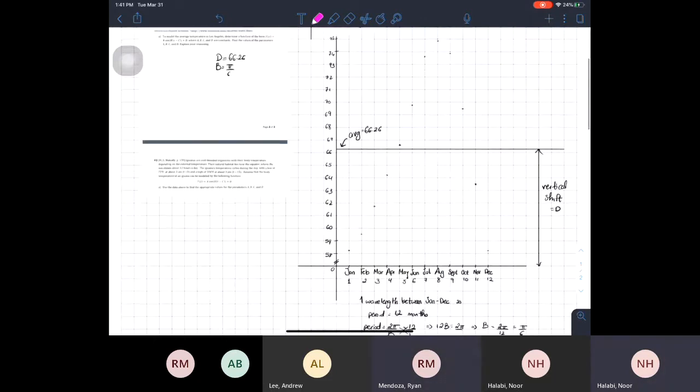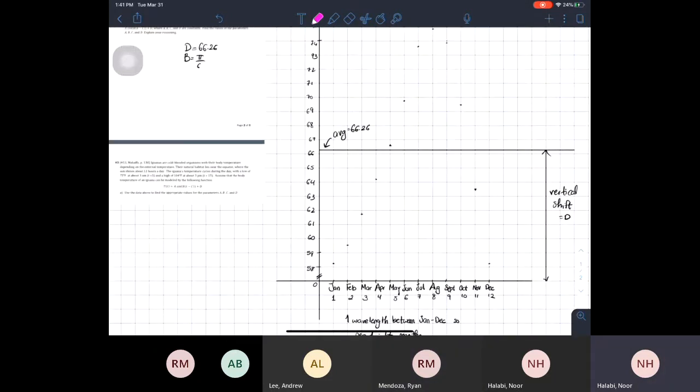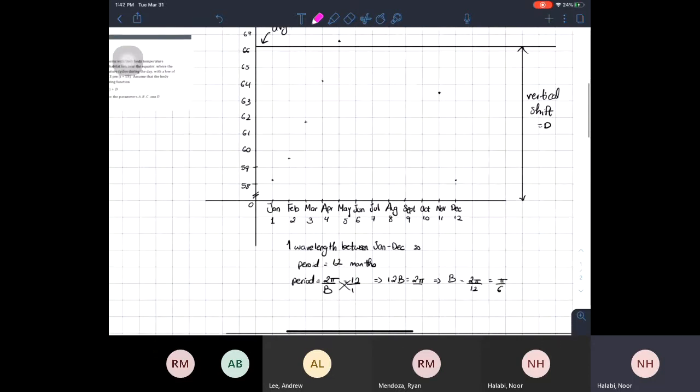Now for a period, I know that you need to see how many x values were passed for one wavelength, like how long did it take to go one wavelength. The one wavelength was completed between January and December because the values are relatively the same here and here.